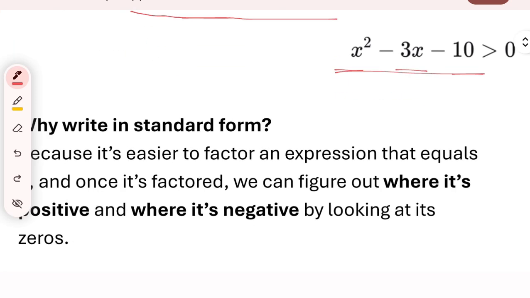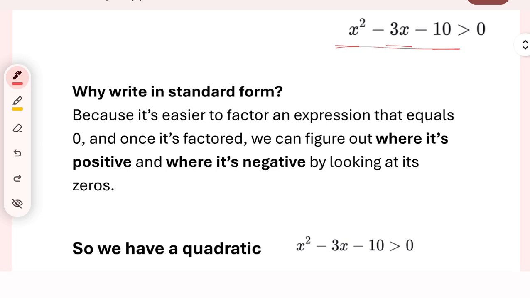So it is actually easier to factor them if they are in a standard form, right? You can visualize it if they are in a standard form. So that is the reason why we rewrite the expression into a standard form.